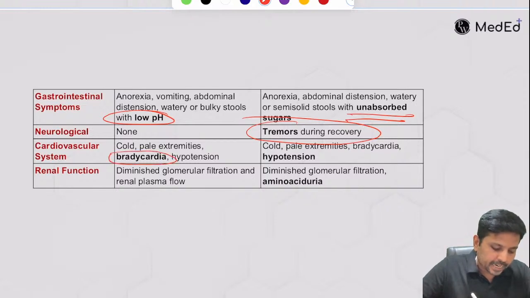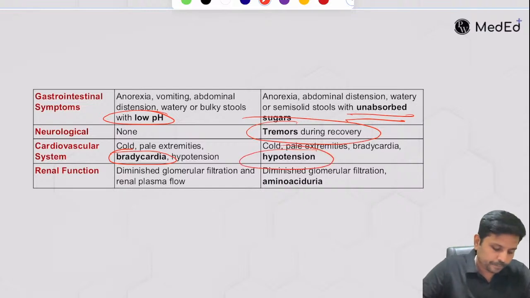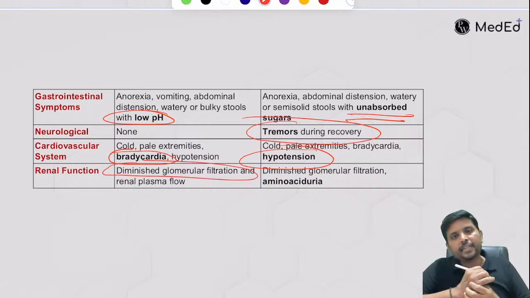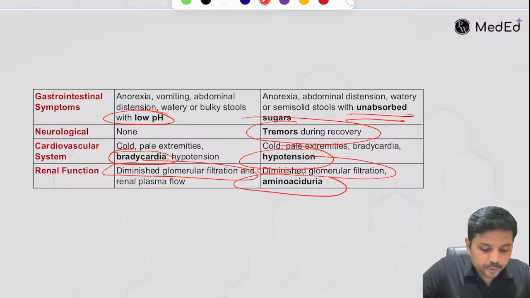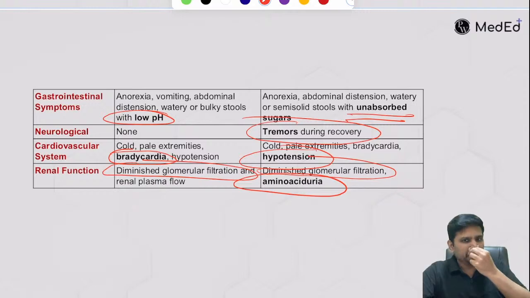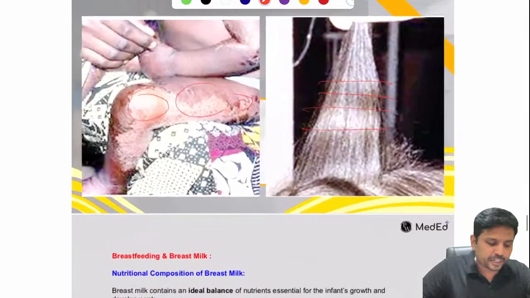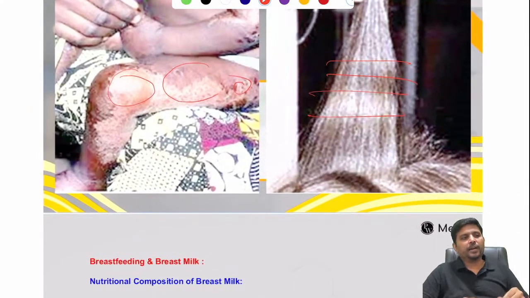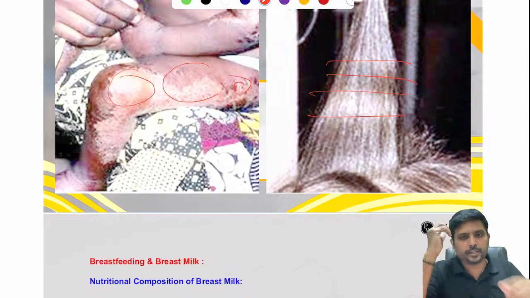Cardiovascular system is characterized by bradycardia in case of marasmus and hypotension in case of kwashiorkor. Renal function shows decreased GFR in case of marasmus and diminished GFR along with aminoaciduria and glycosuria in case of kwashiorkor. So these are all the manifestations of kwashiorkor and marasmus.